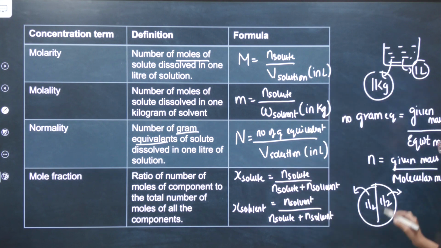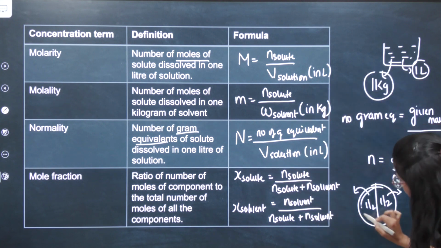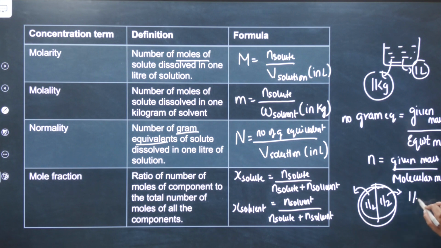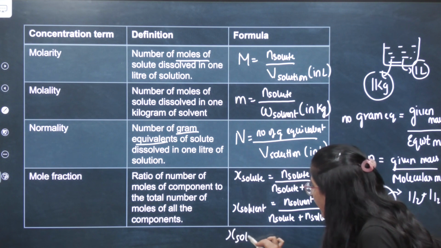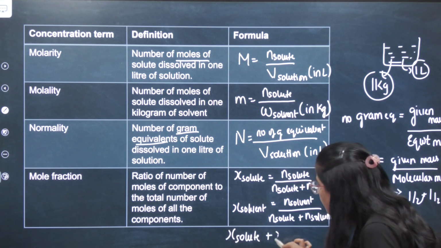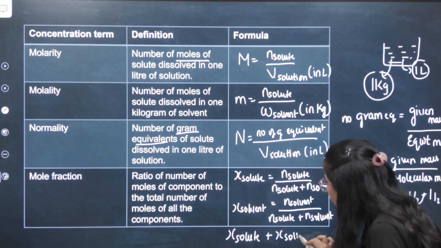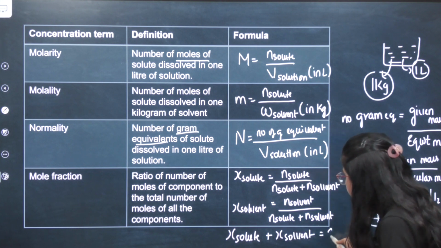Now see here, if I tell you add both the fractions, what will you get? Half plus half is equal to 1. Similarly here also, if you add both the fractions, that is mole fraction of solute and solvent, it will be equal to 1.